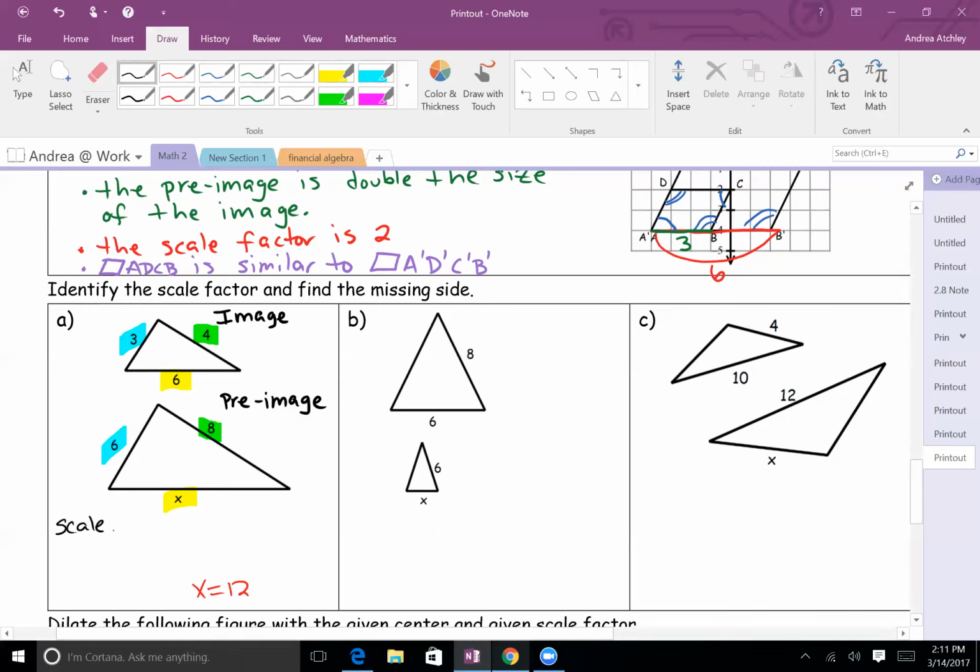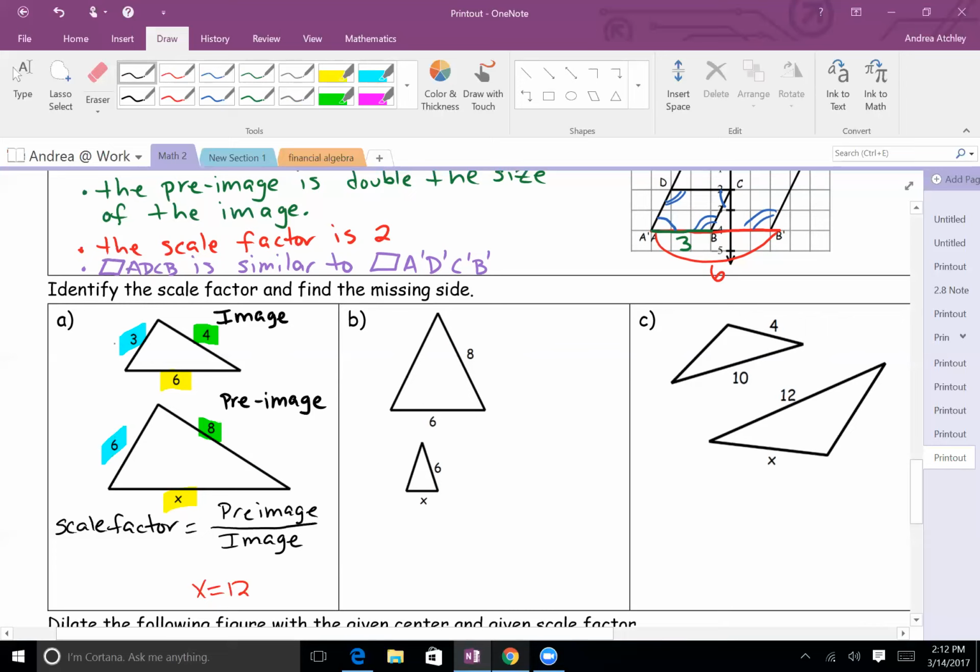The scale factor equals the pre-image over the image. So you put one of the sides for the pre-image over the corresponding side of the image to get the scale factor. It doesn't matter which one we use, because if I use 6 and the 3, I'd still get a scale factor of 2.